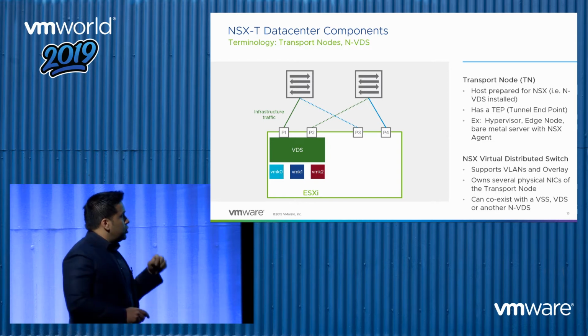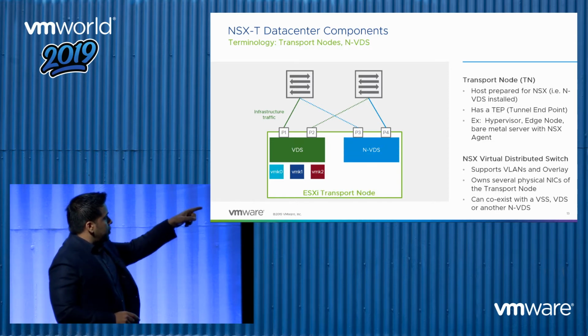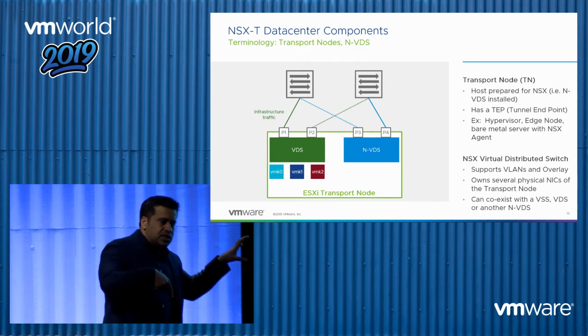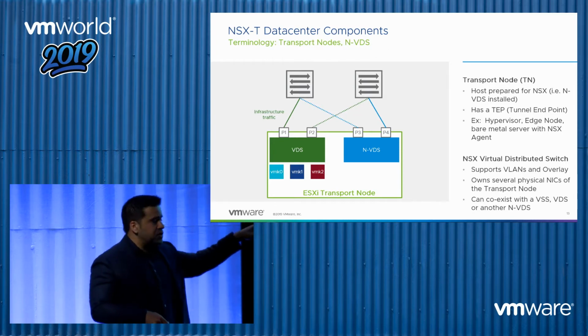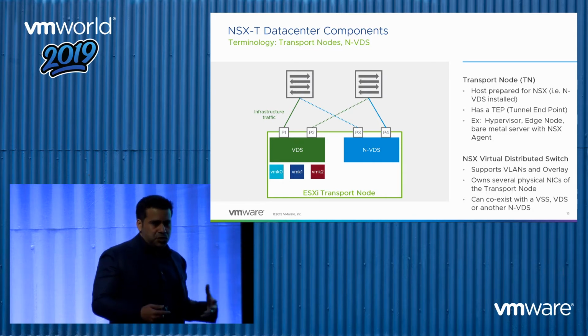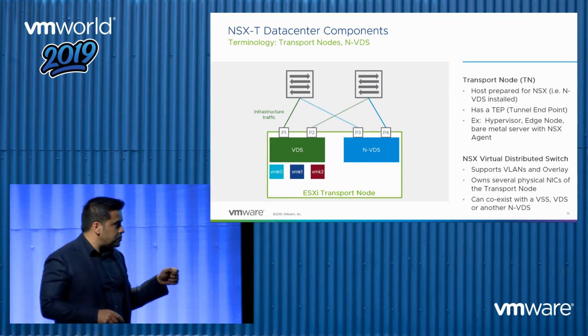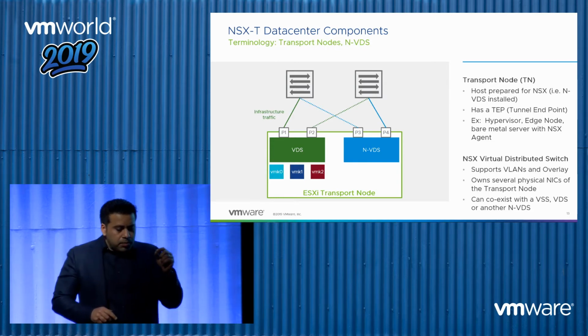Okay? So what do I mean by transport node again? When we install NSX bits on this host, that means we install a switch on this host, NVDS. That's your NSX virtual switch. And that's where we'll configure the tunnel endpoint as well.